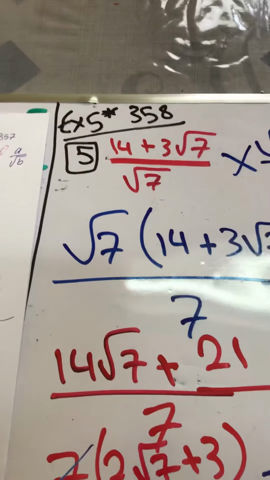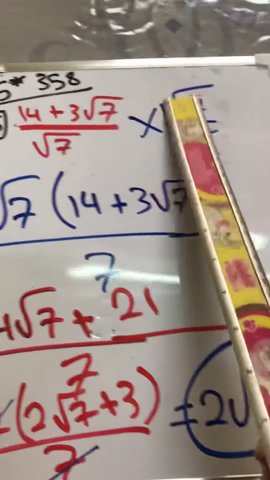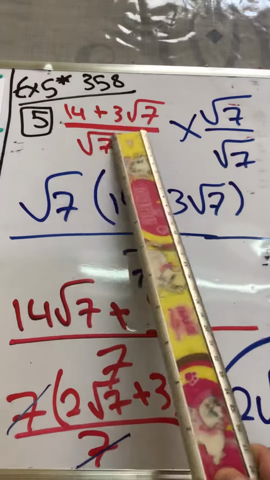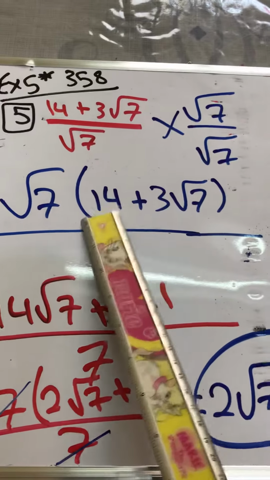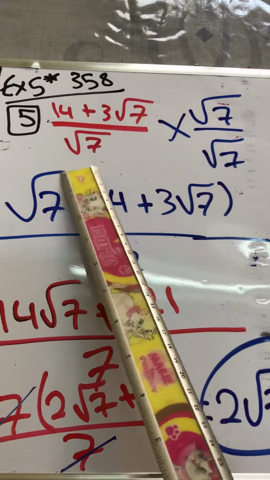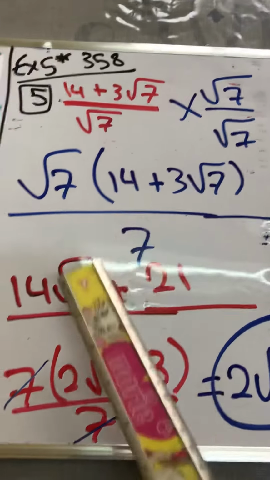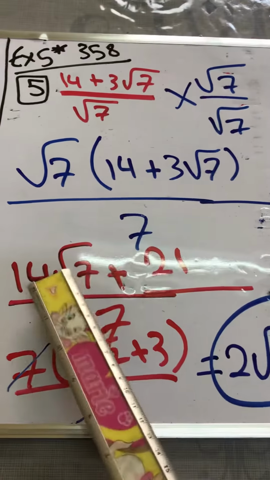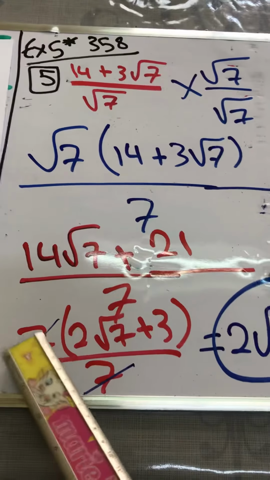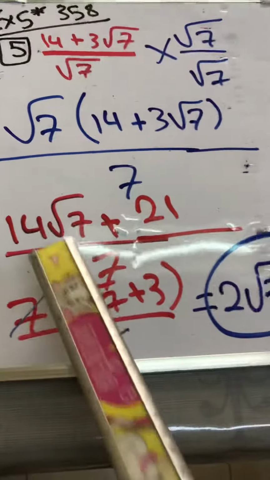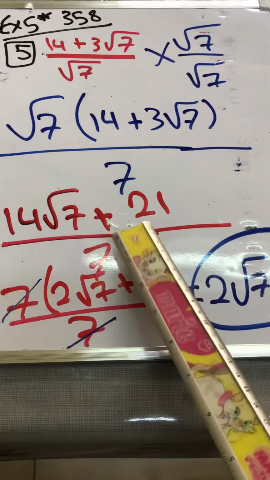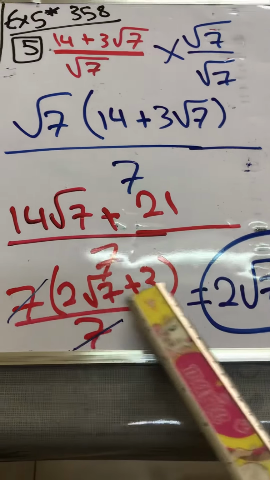So in the beginning, I multiply by the denominator up and down. Now, the square root of 7 open brackets multiply the two terms, and in the denominator the square root of 7 times itself equals 7. Now I distribute square root of 7 by all things inside the brackets, and finally I took 7 as a common factor. 14 divided by 7 equal 2 square root of 7. 21 divided by 7 equal 3.